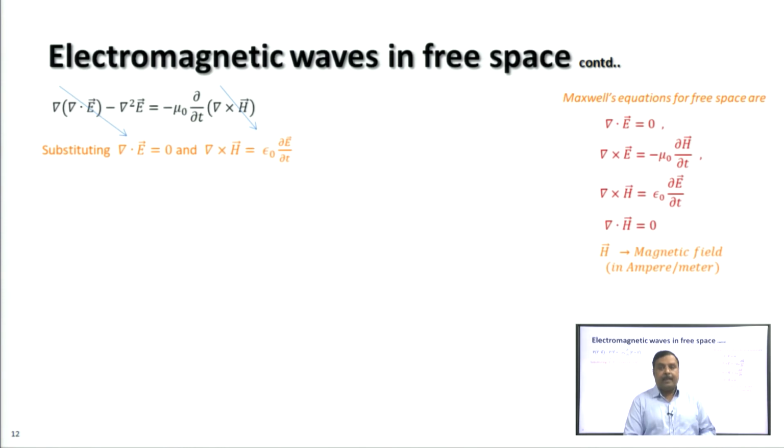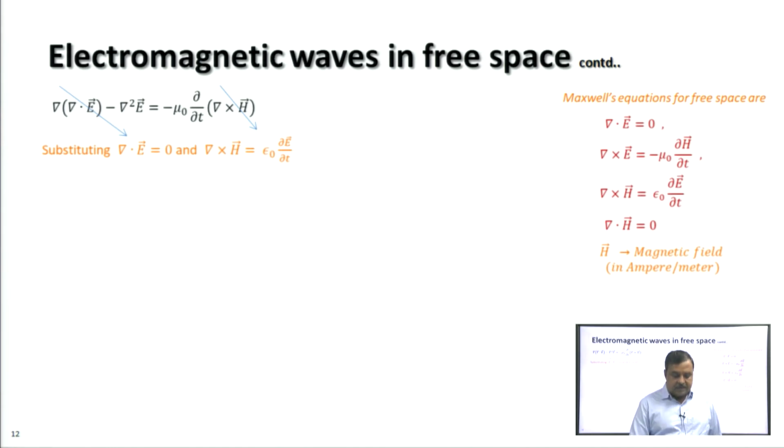So, from Maxwell's equations for free space, these equations are written on the right hand side of the slide. From Maxwell's equations for free space, we have del dot E equal to 0, and we can substitute for del cross H from Maxwell's equations for free space.